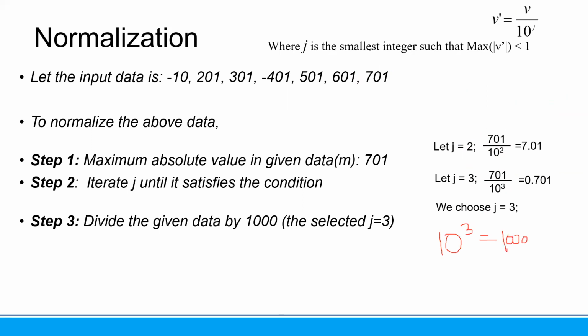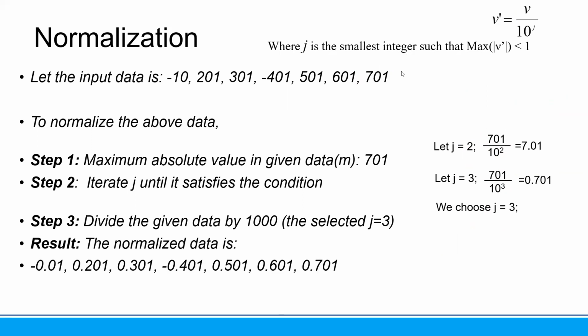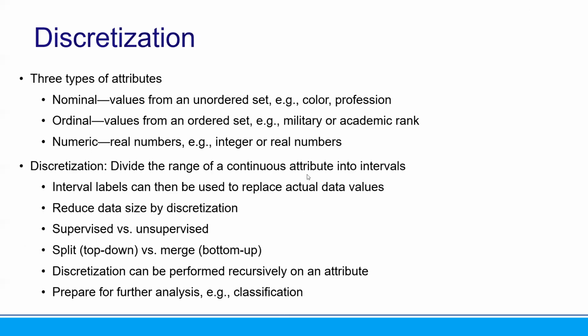So the normalized data for every one of these values will be like this. This is the normalized data after using normalization by decimal scaling. Hopefully you understand.